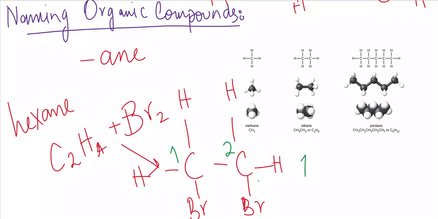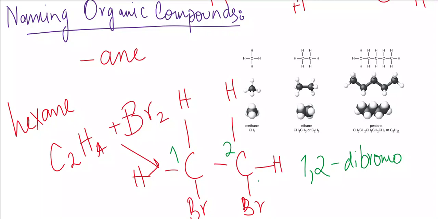So you have to write the position of the carbon atom to which the functional group is attached, 1, 2, and then add a prefix if applicable, like di, as we have two bromines attached. And for bromine we use bromo. For group 7 halogens, the names are fluoro, chloro, bromo.